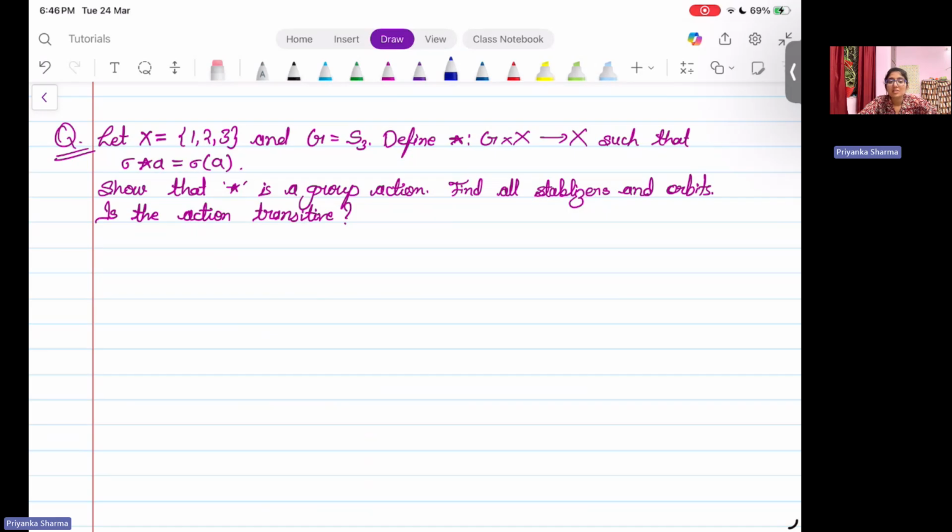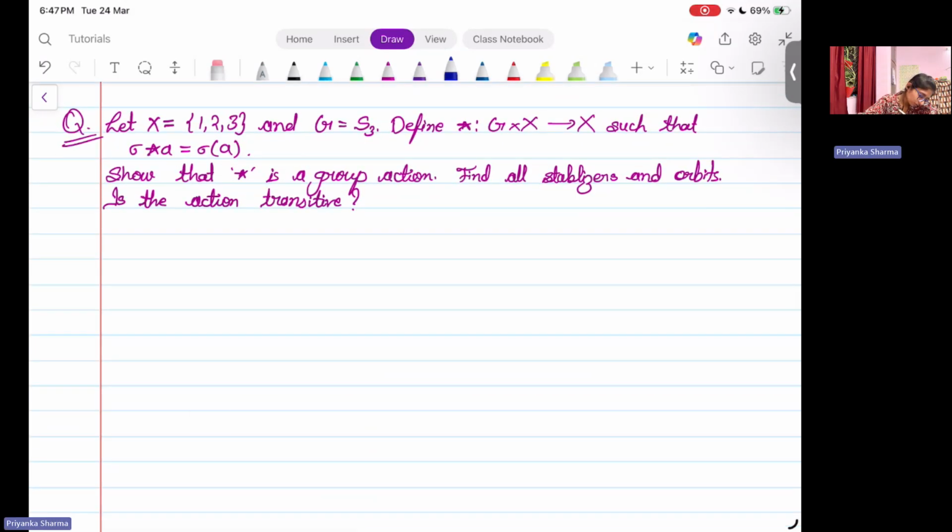Then the question is, show that this star is a group action. And further, find all stabilizers and orbits with respect to this group action and check whether the action is transitive or not. Okay, so let's solve it.